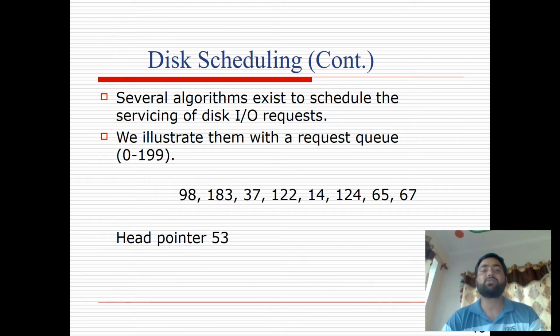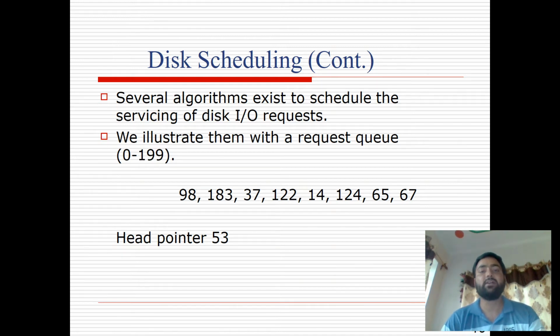So we will illustrate these requests with a request queue from 0 to 199, and we will have a disk read request sequence, or a string, with the disk locations as 98, 183, then 37, then 122, then 14, then 124, then 65, and then 67.